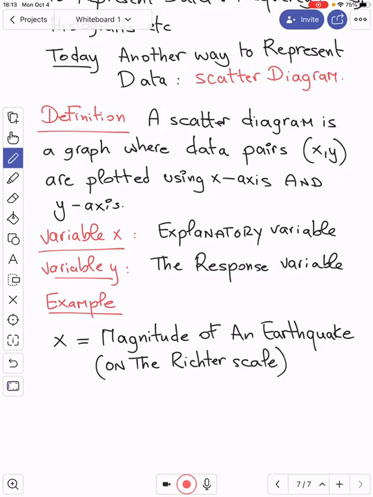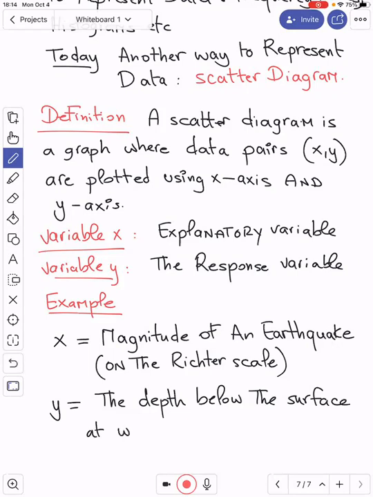And now the variable y, let's say it's the depth below the surface at which the earthquake occurs.